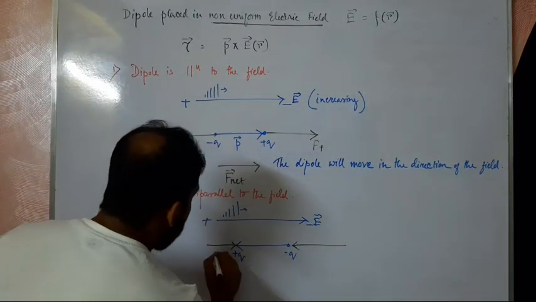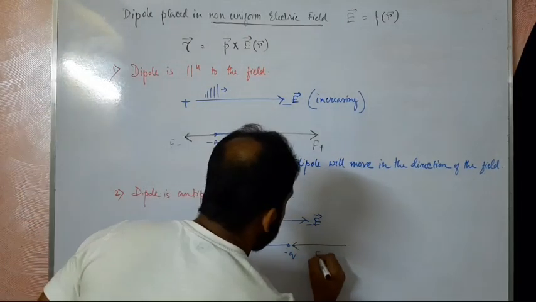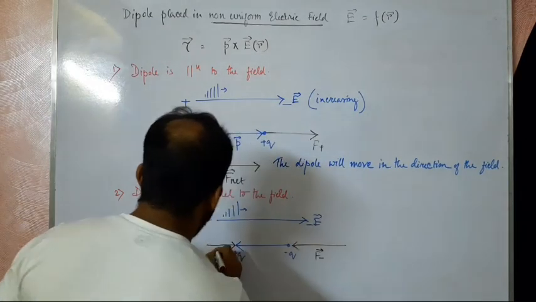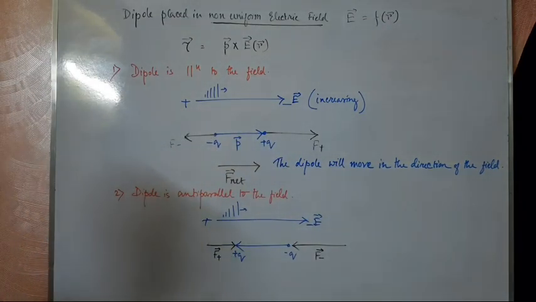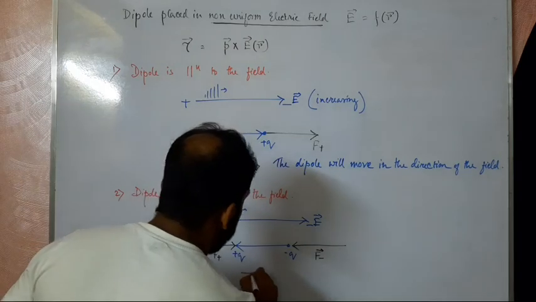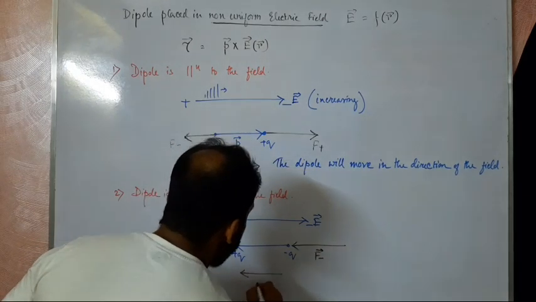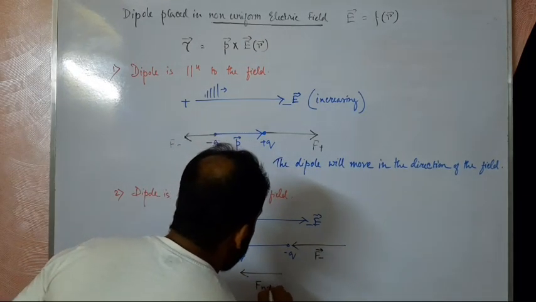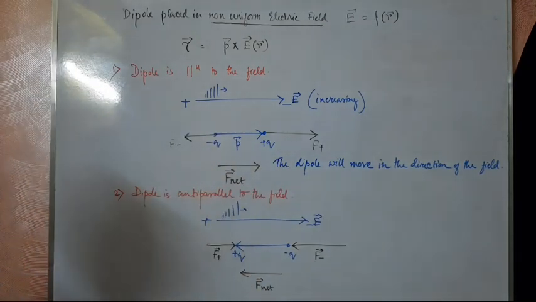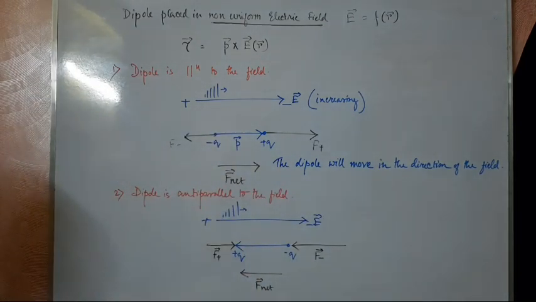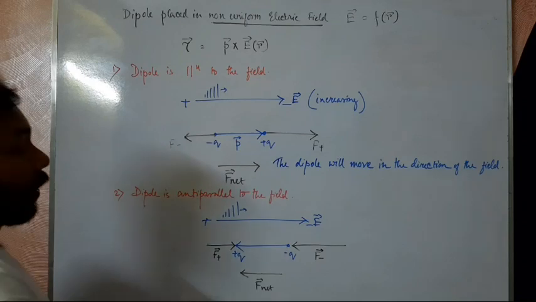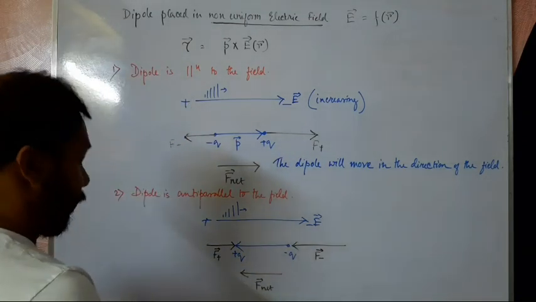Hence there are also two unequal opposite forces acting on the dipole, and the net force will be in the direction of the greater force. Of course, it is opposite to the applied field. So what will happen? The dipole will tend to move opposite to the direction of the applied field.